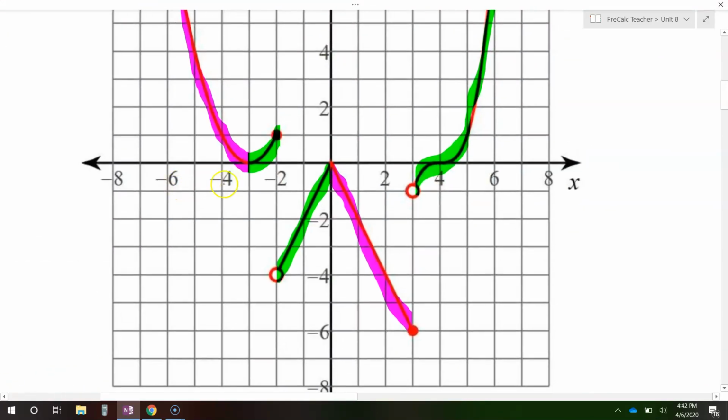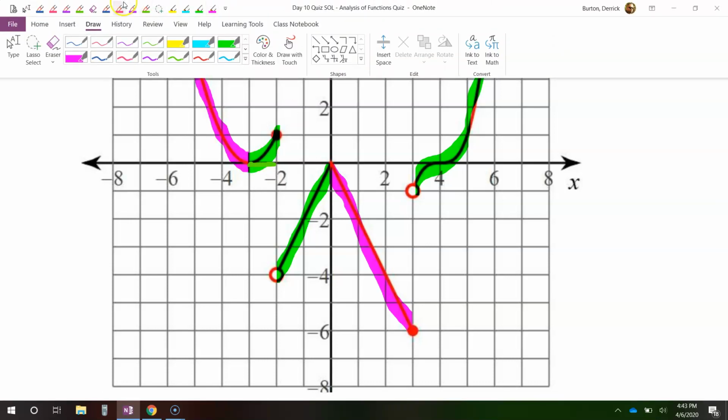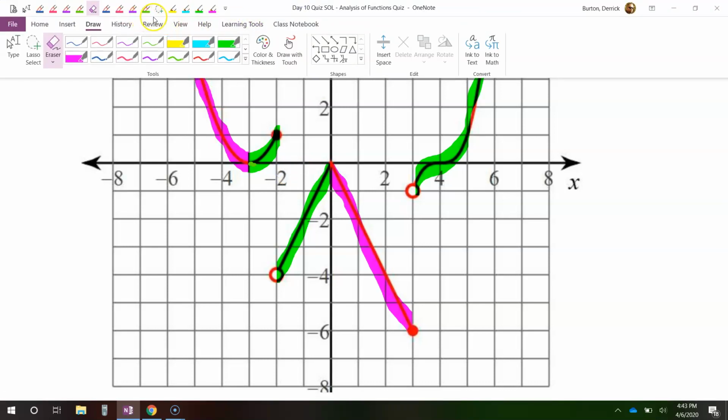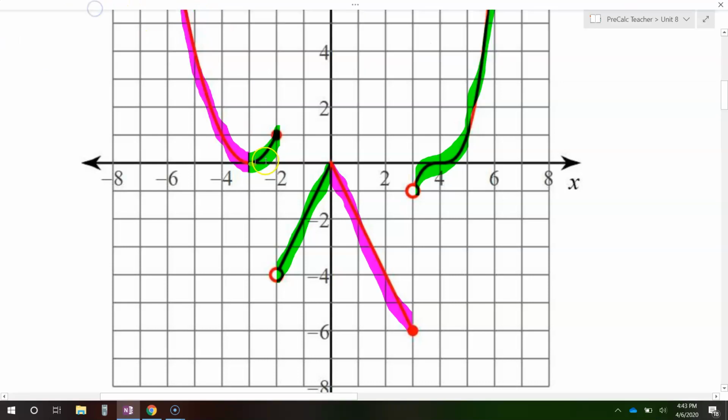Because I'm only talking about x values, can you see that this increasing interval, this little piece right here, is going from -3 to -2.